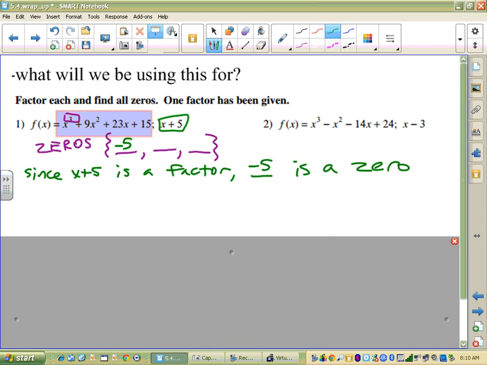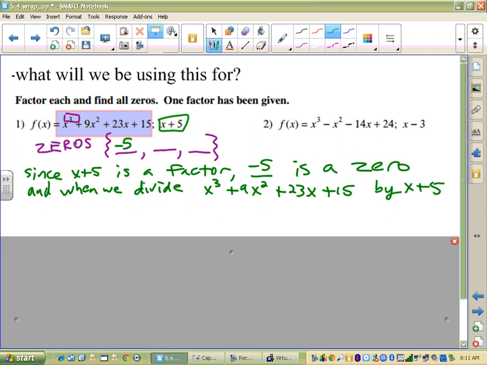So it tells us that -5 is a zero, and when we divide x cubed plus 9x squared plus 23x plus 15 by x plus 5, what's going to happen?